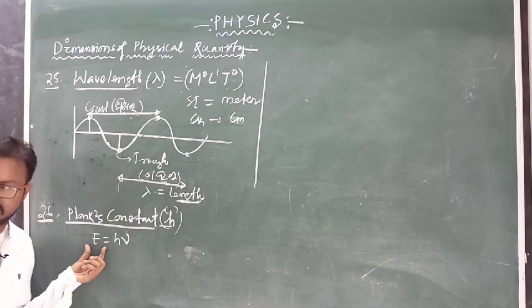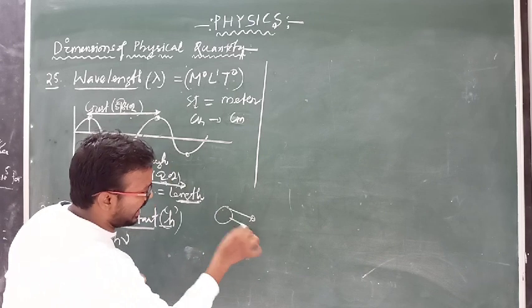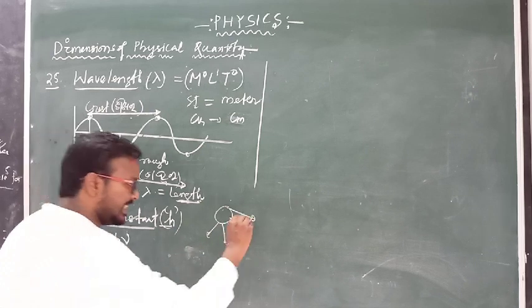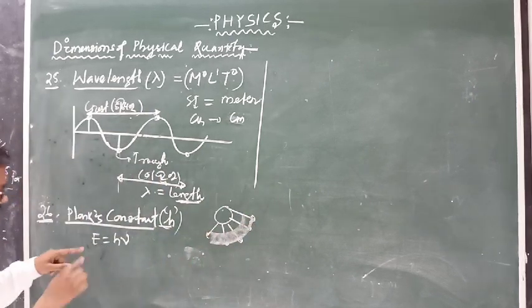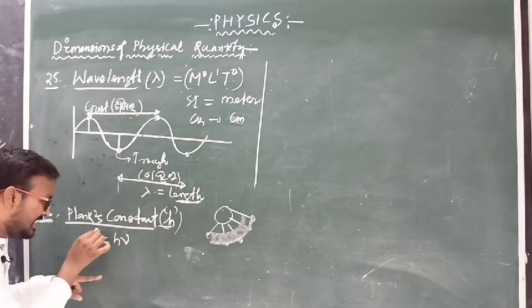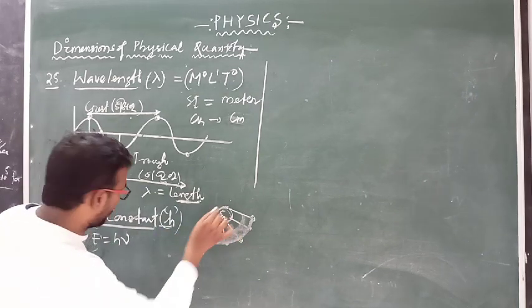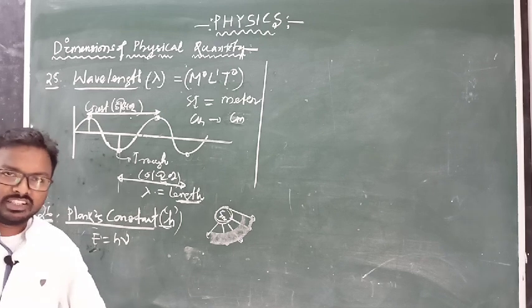E means energy. Suppose there is a sun which produces light in all directions towards the surroundings. This light consists of one type of energy, E equal to h nu. Suppose this is the sun, it consists of energy, and that energy is known as a packet of energy, or photon energy.